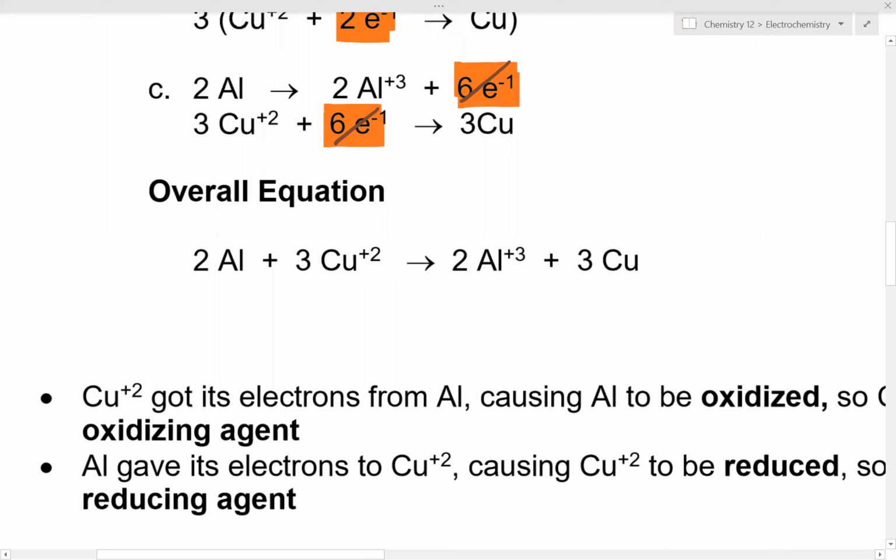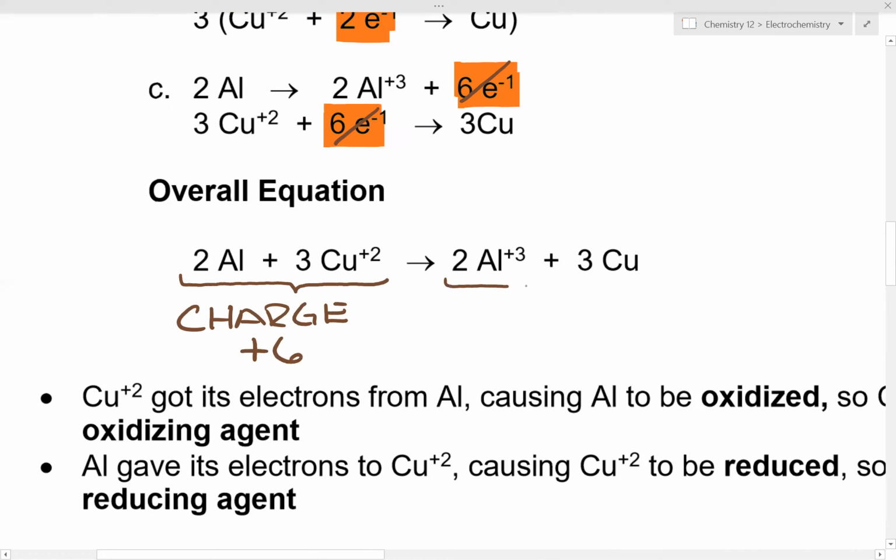Now, you can test to see whether or not the equation is balanced by looking at the overall charge of all the reactants and the overall charge of all the products. So in this case, if I took a look at all of this, this would be a total charge of +6.